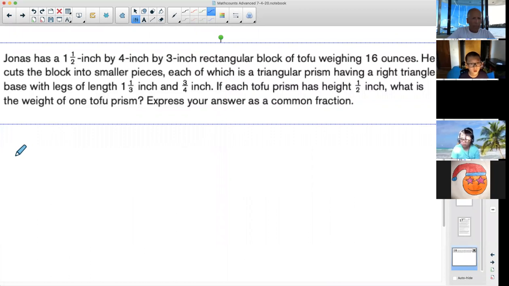We've got a 1 1/2 inch by 4 inch by 3 inch rectangular block of tofu, and it weighs 18 ounces. Now he cuts the block into smaller pieces, each of which is a triangular prism having a right triangle base with legs of 1 1/3 and 3/4. If each prism has a height of 1/2 inch, what is the weight of one tofu prism?